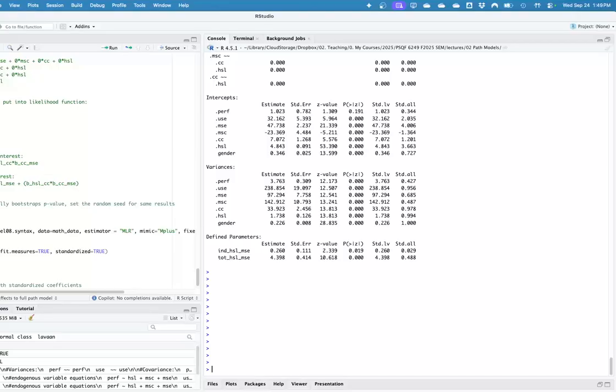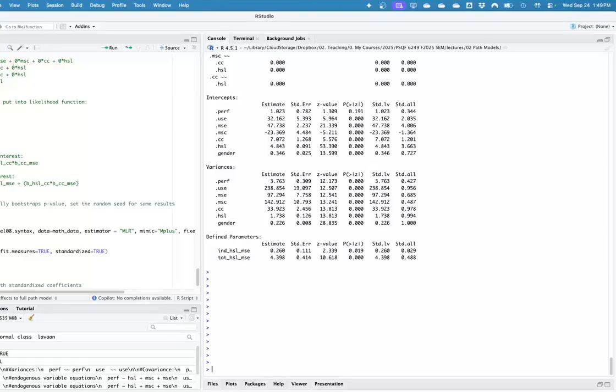Now, you interpret the effect the same way. Because it's an indirect effect of HSL on MSE, you're saying as HSL goes up 1, MSE goes up 0.26. Now, you can, pardon me? Because of CC.